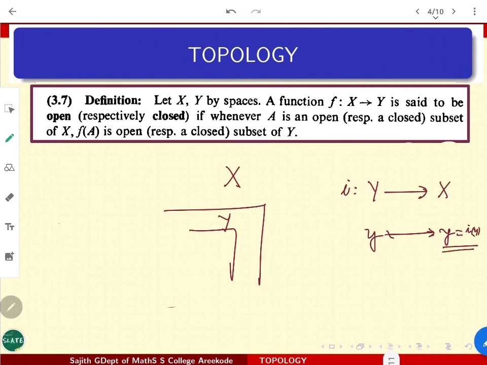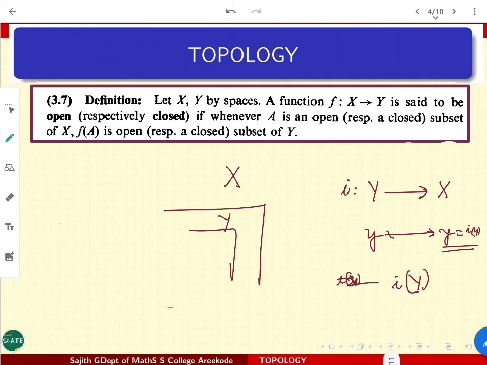Then the inclusion map i, Y is sitting inside X. Whenever Y is a subspace of X, Y is always open in Y. So the inclusion map in general need not be an open map at all, very clearly, because Y is an open set in Y, but i of Y, the image of the entire Y, may not be open in X, nor closed either.